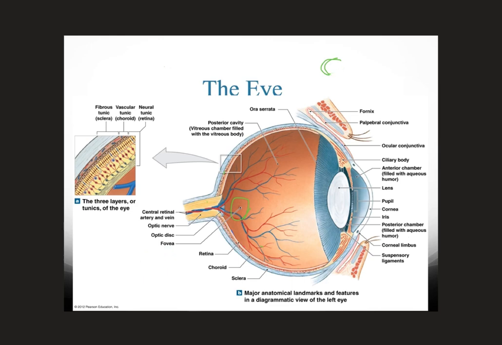So if we compare the fovea to your optic disc, which is back here, your optic disc is going to have 0%. So no cones, which detect color, or rods, which detect black and white. So this is also known as your blind spot.